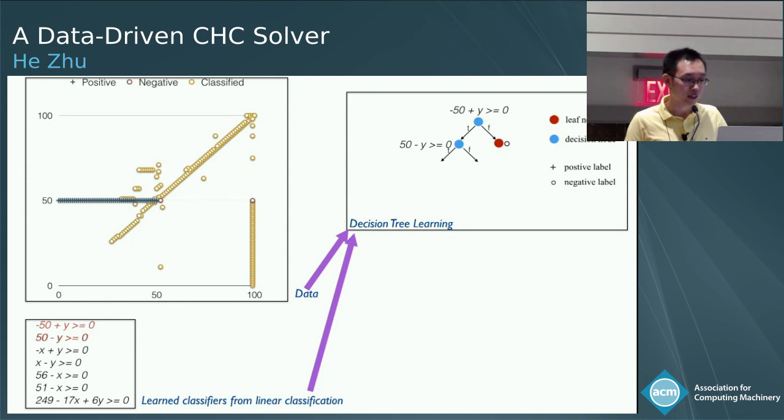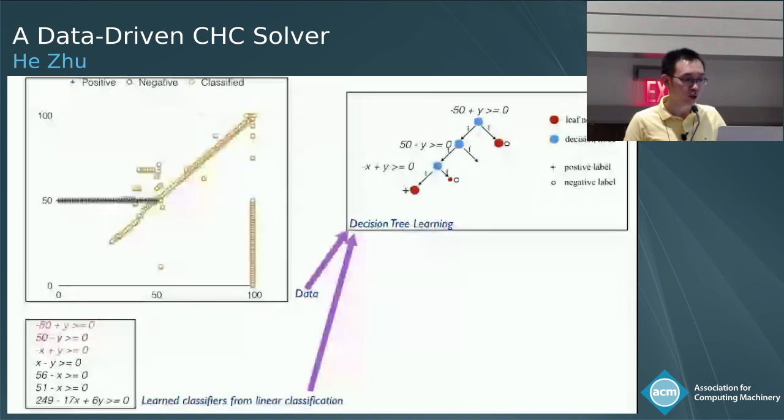The second selected classifier is y is less or equal to 50. Some of the positive samples are misclassified, which we will address in a second. It is selected because it can separate the rest of the positive samples from almost perfectly all the negative samples.